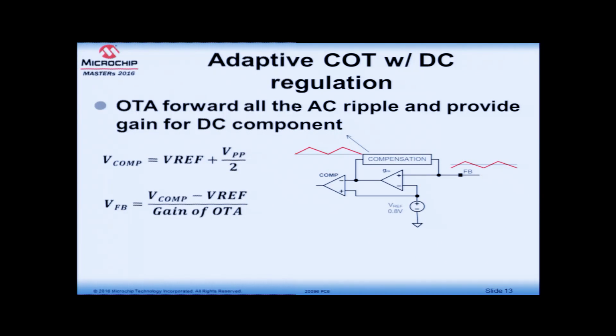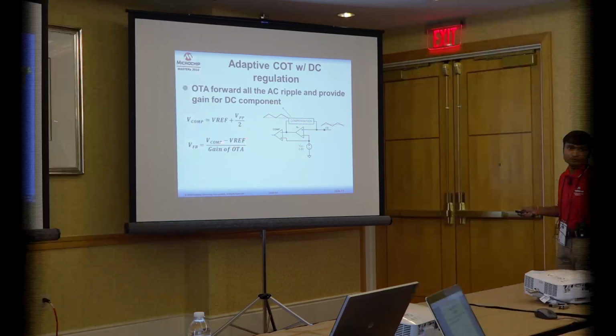So the comp input is nothing but V ref plus V peak to peak by 2. V peak to peak is the peak to peak ripple of this voltage which we need for the regulation. And at the feedback node, V feedback is V comp minus V ref divided by the gain of the OTA, so V feedback will become V peak to peak by 2 divided by the gain.